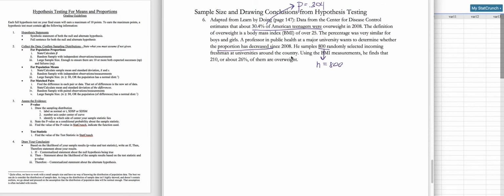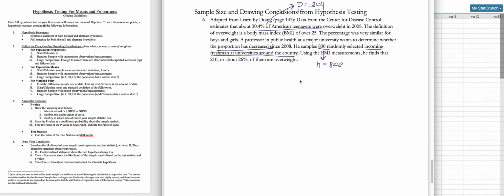Okay, well, that's not good because it said this professor was just interested in whether this proportion about American teenagers had decreased, and yet the sample is only coming from incoming freshmen at universities around the country, and that may not at all represent all teenagers.